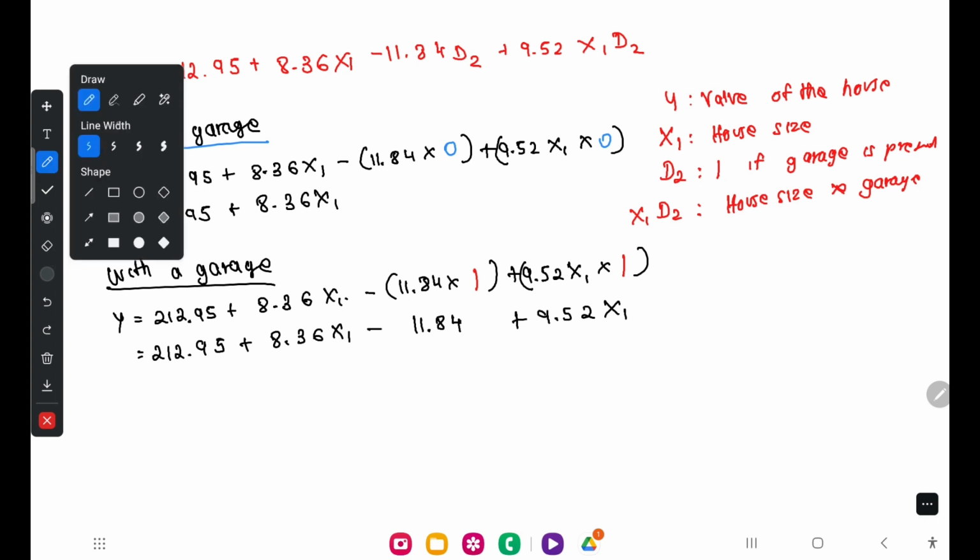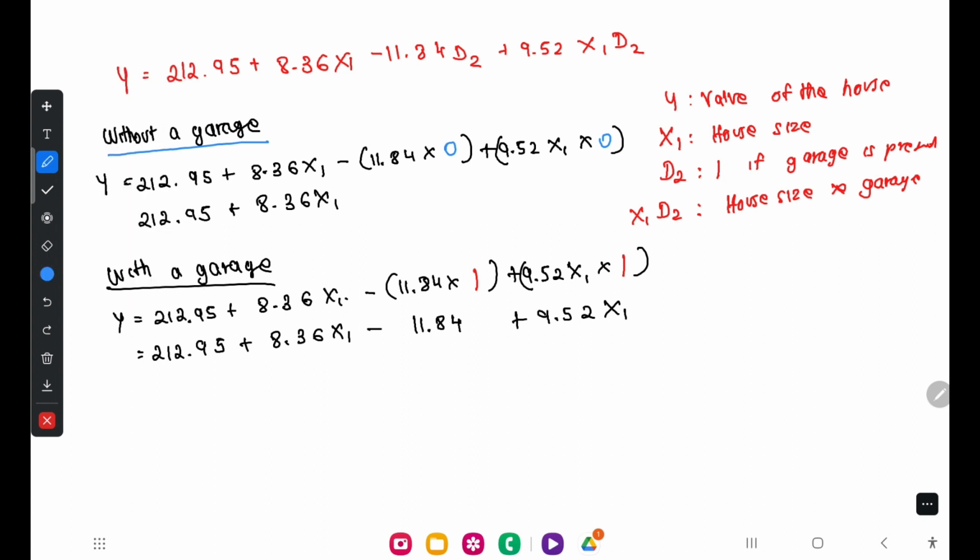Now let me highlight these and show. These two are the like terms which you can add together. Then the other two are these two which you can add together.